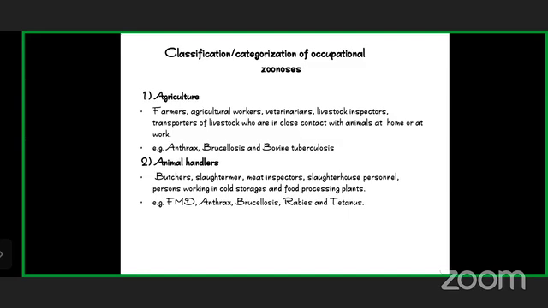So what can be the symptoms? The ultimate negative effect of this brucellosis disease in humans is that they fail to reproduce. Why? Because this brucellosis organism directly targets the reproductive system.